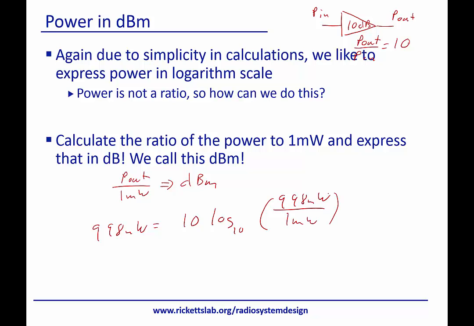The units cancel, and I take 10 log 10 of 998, which is approximately 10 log 10 of 10 to the 3, and this is equal to 30 dBm. So dBm gives us an absolute power because we have an implied reference of 1 milliwatt, whereas dB gives us a ratio, typically of a gain. In wireless systems we're often talking about power, so it's a ratio of power gain.